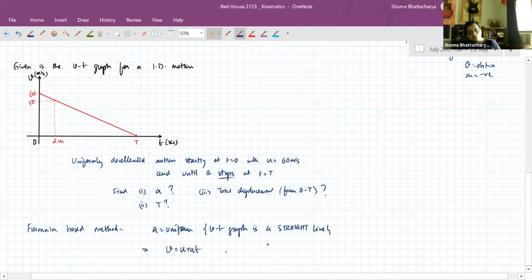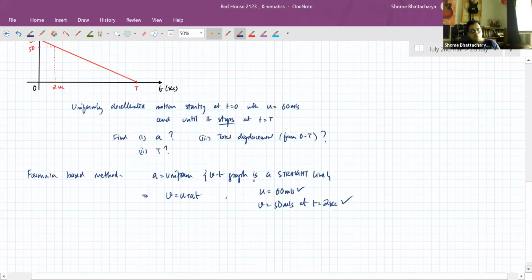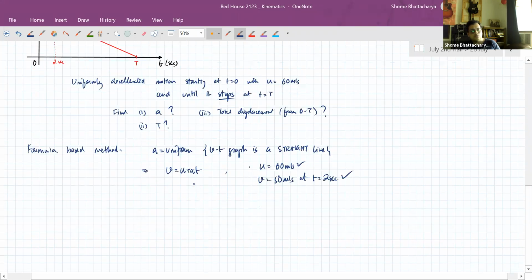Okay, so now in this you can see that u is equal to 60. This is one piece of information that is known, and v is equal to 50 meters per second at t equal to 2 seconds. This is one more piece of information that is known. So from this we can substitute, and we get 50 is equal to 60 plus a into 2.